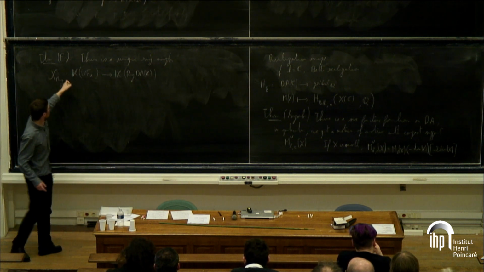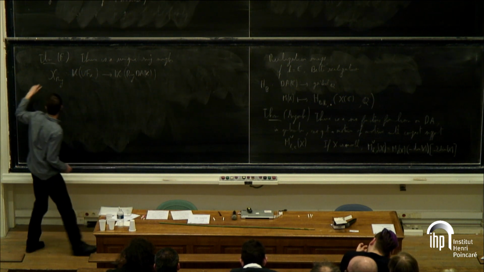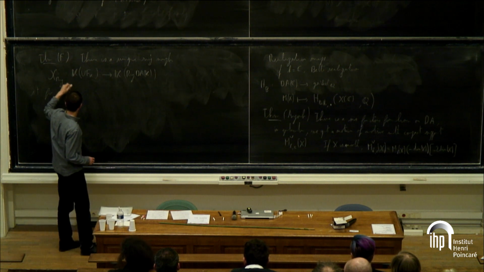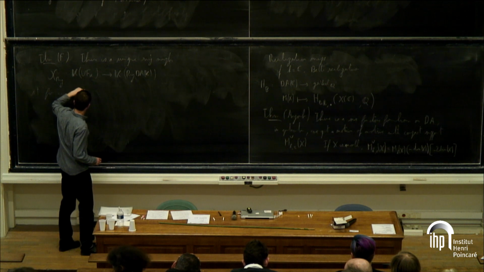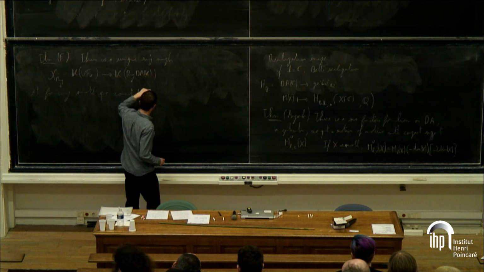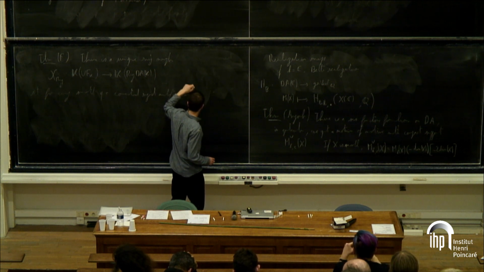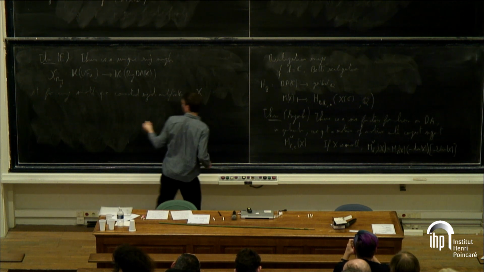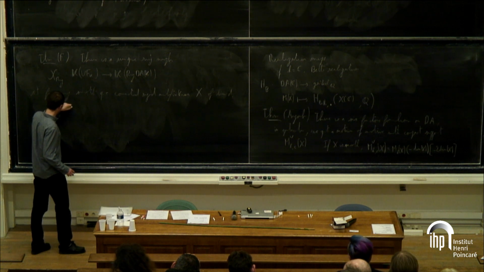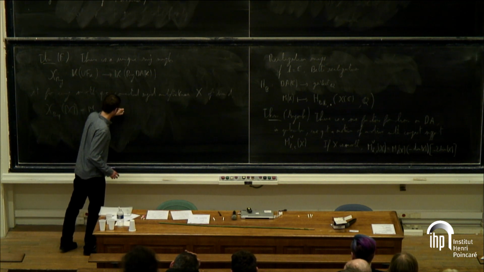So the theorem is the following: there is a unique ring morphism from the Grothendieck group of definable sets in ACVF to the Grothendieck group of rigid motives, characterized by the following condition. If I take a smooth, quasi-compact, connected rigid analytic K-variety X of dimension d, then the class of X is just the rigid motive of X with some twist.